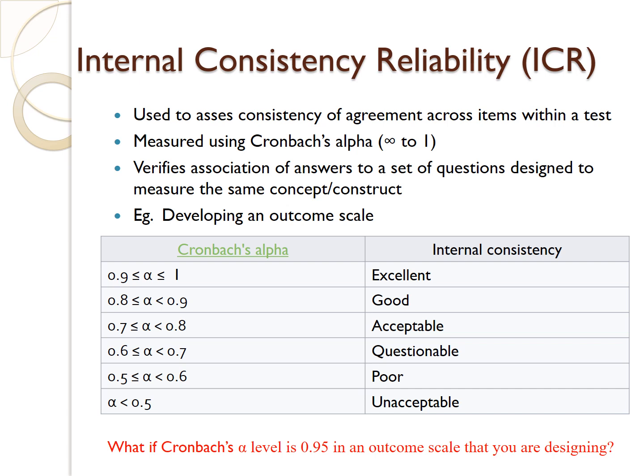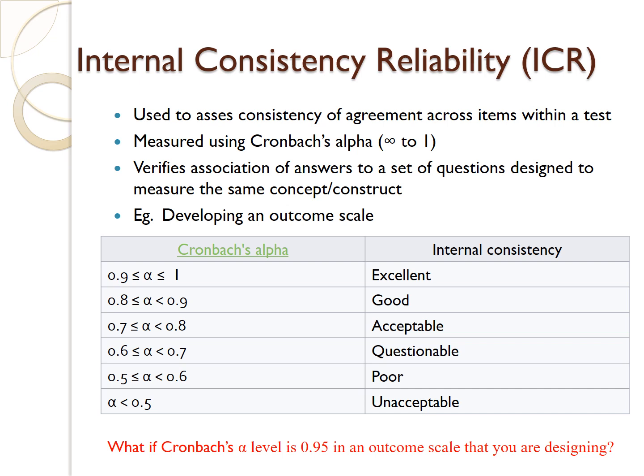It is measured using Cronbach alpha score, and it ranges from infinity to 1, where infinity means very, very poor relation or consistency, and 1 means great consistency and relationship. It verifies the association of answers to a set of questions designed to measure the same concept or construct.